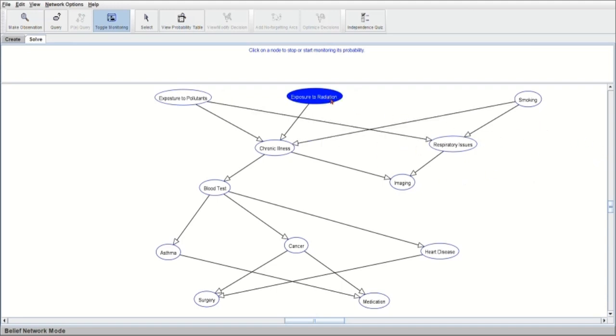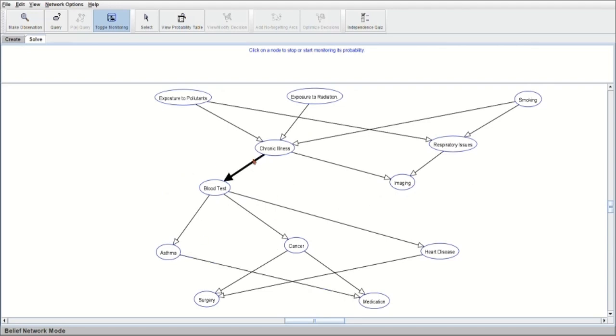So it is independent of the radiation. Now, in the second level, we see chronic illness and respiratory issues. If someone has chronic illness, then he or she can take two steps, either perform a blood test or perform imaging like X-ray and so on. And in case of respiratory issues also, one can perform imaging.